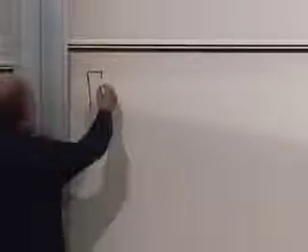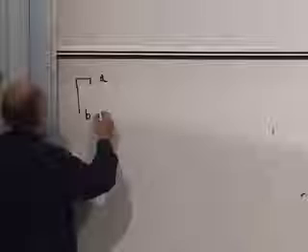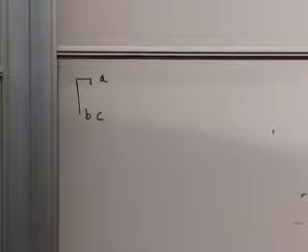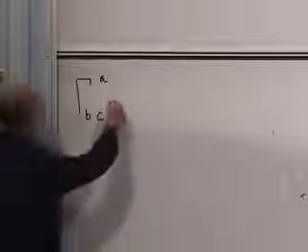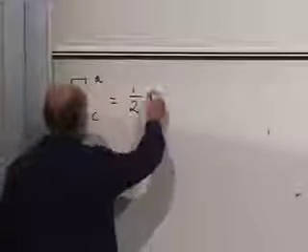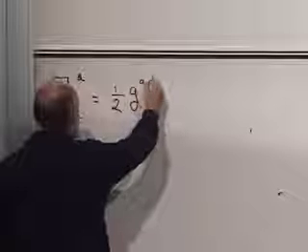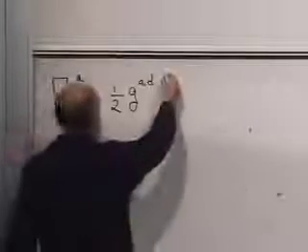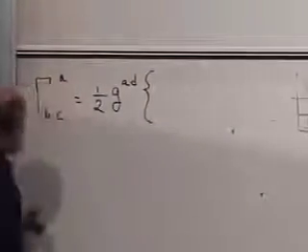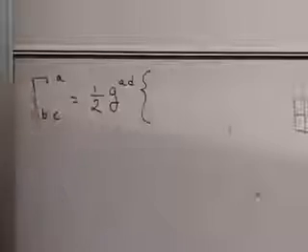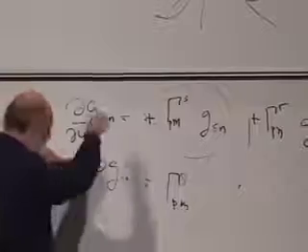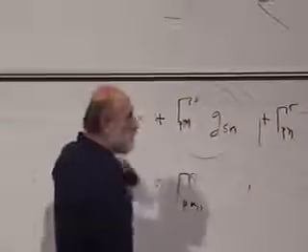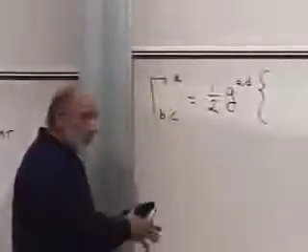I'm going to use other letters now so that we don't confuse them with the letters here. I'll use A, B, and C. Gamma A, B, C is equal to 1/2 G, A, D. I need another letter of the alphabet. That's going to be a summation index. And then it's the sum of three terms. Each term has a G with an upstairs index, and then derivatives of G with lower indices. It's just the indices are a little bit intricate.